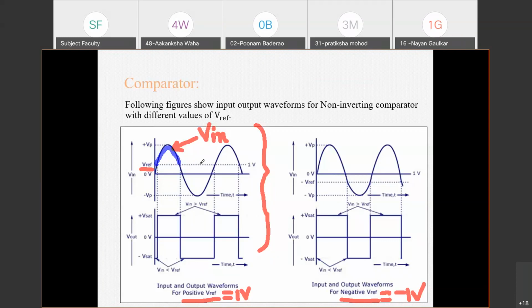So that means voltage at non-inverting terminal, non-inverting means positive, becomes greater than voltage at negative terminal. So for this particular region your output will be positive. Now you can observe here, for this region it is plus V sat.